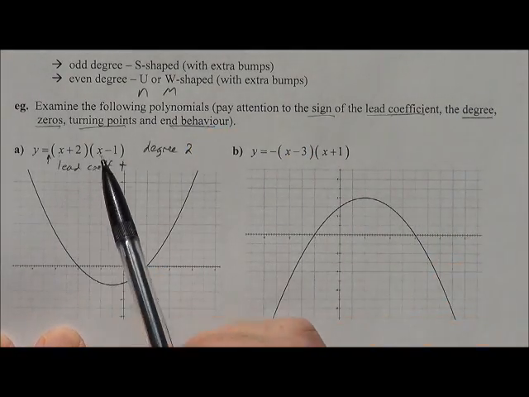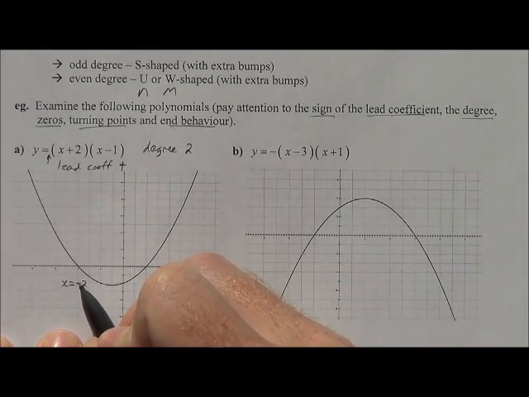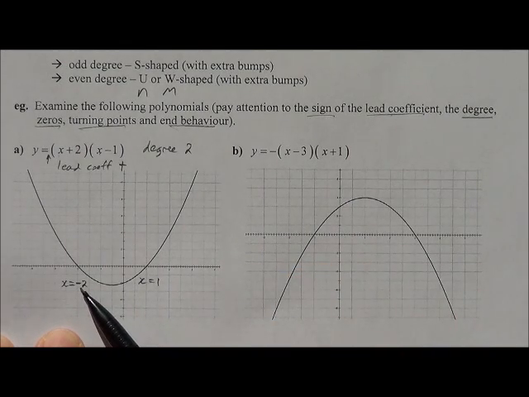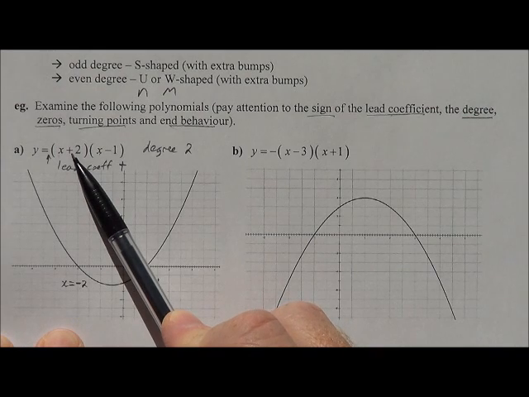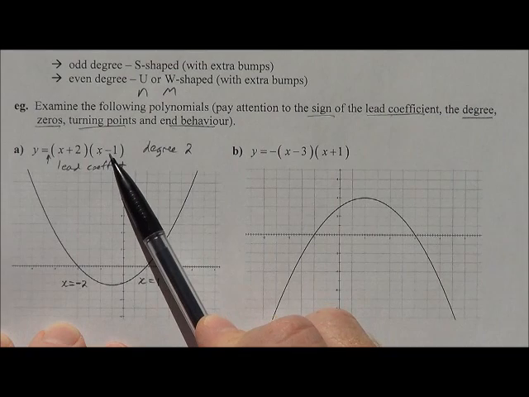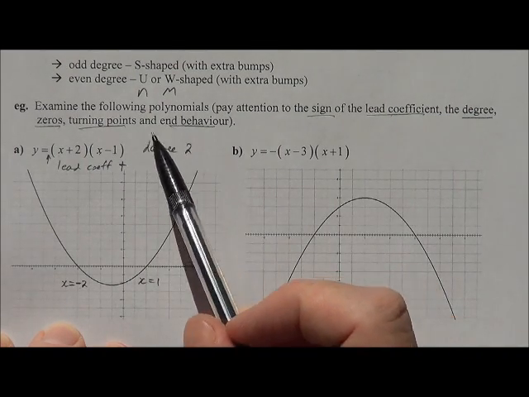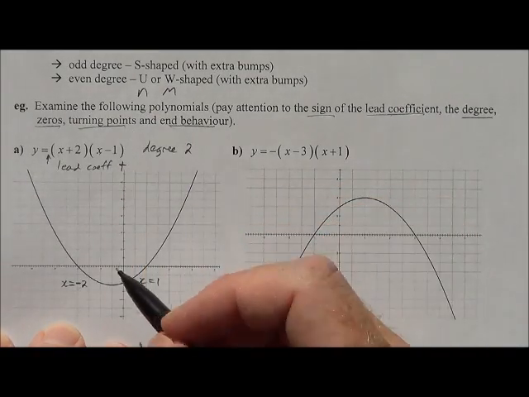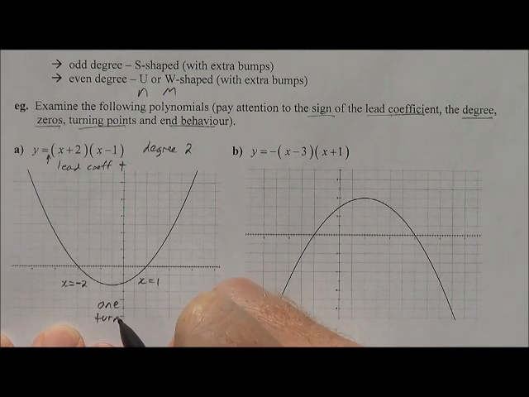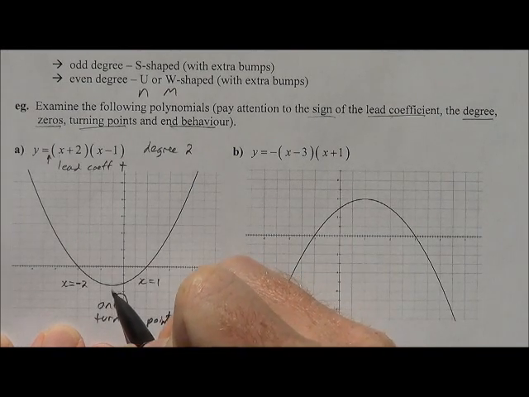Let's take a look at the zeros. There's one zero at x equals negative 2, and one zero at x equals positive 1. Notice how x equals negative 2 and the factor x plus 2 compare, and the zero x equals 1 and the factor x minus 1 also compare. Then the turning points: there's one turning point, which is right there.